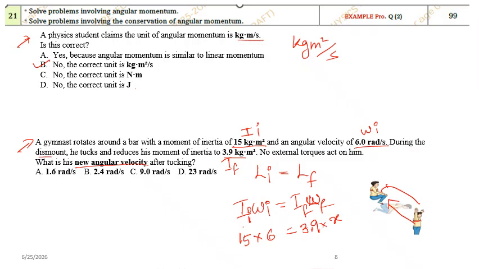Okay, so what would it be? 15 into 6 divided by 3.9. So it is 23.0-something. Okay, so which one would it be? This will be the correct answer.